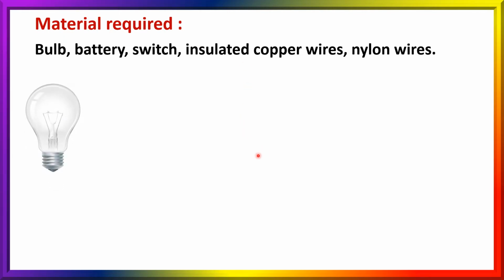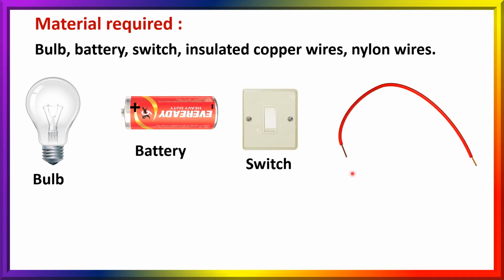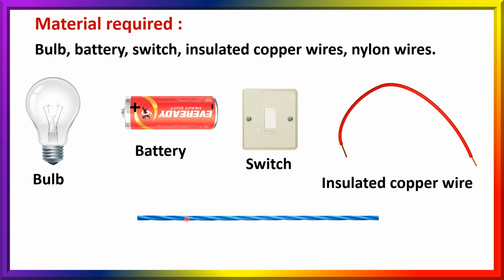Here I am showing you the material. This is a bulb and this one is a battery or cell, and here is the switch, electrical switch, and this is an insulated copper wire, and here is the nylon wire.